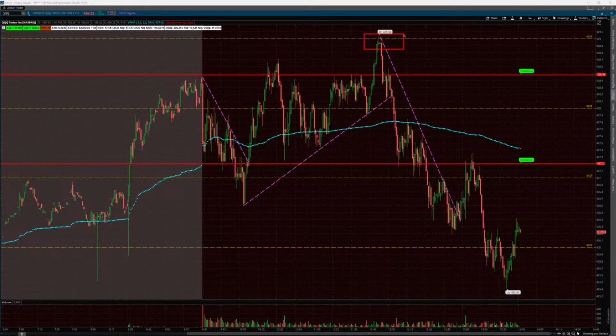QQQ 429 acting as resistance. It's not a spot gamma level, but it is a round number level. Also earlier in the day, this combo level, combo all four, combining QQQ and NDX gamma weighted open interest into one level, shown here in terms of price for QQQ, acting as resistance. All right, let's take a look at NDX.